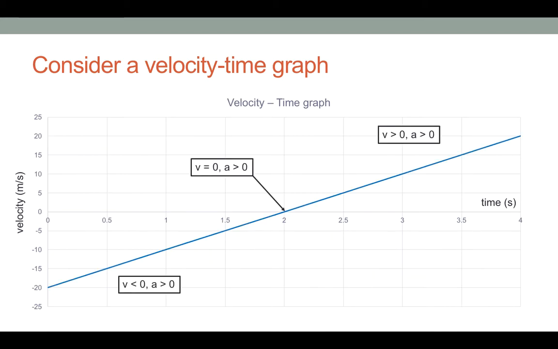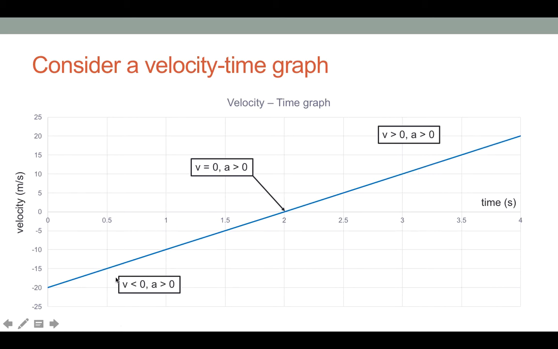Consider another graph where we have a positive line the entire way. And again, everywhere the slope is positive, everywhere the acceleration is positive. Over here, where the velocity is positive, we'll see the car speeding up, moving faster and faster.